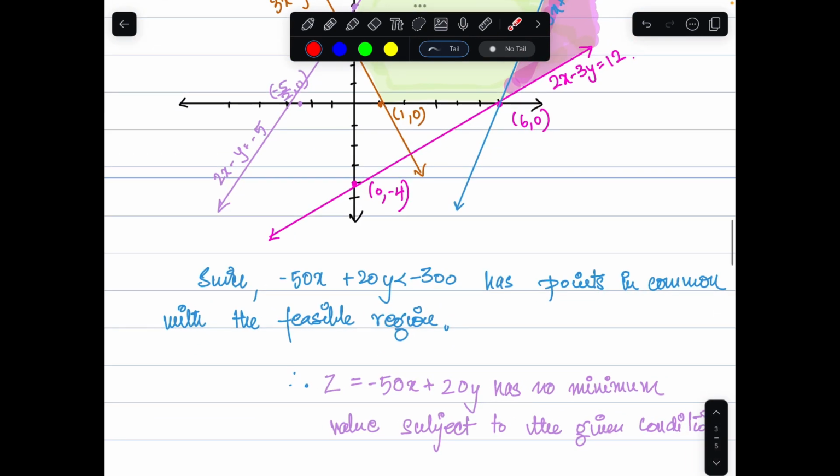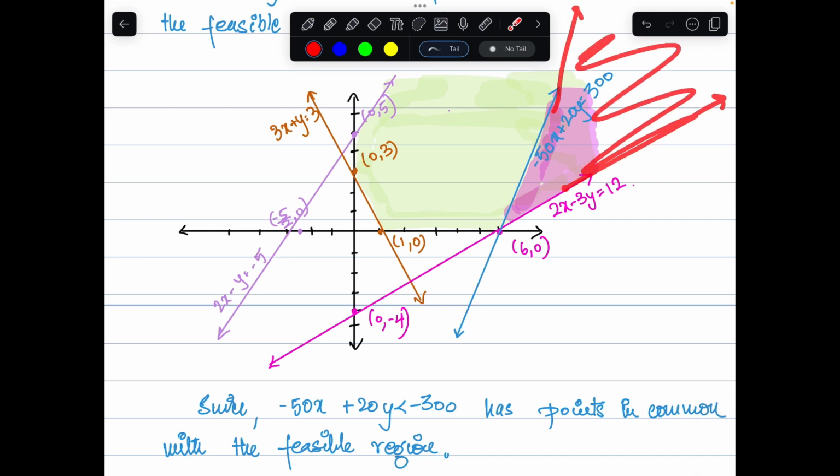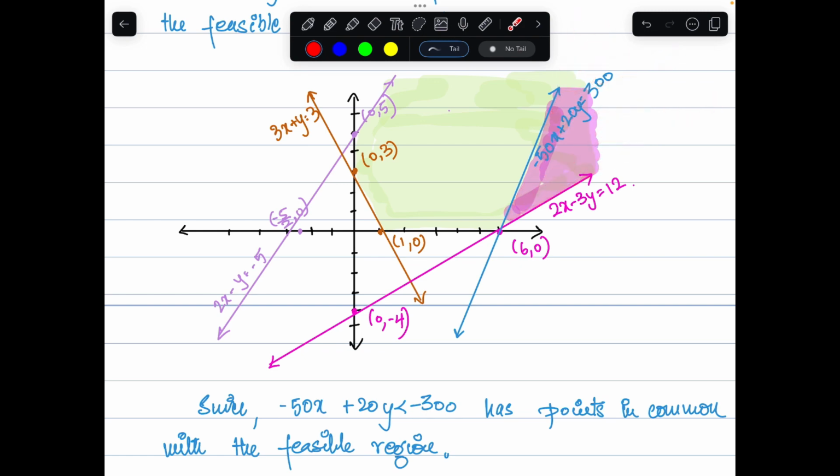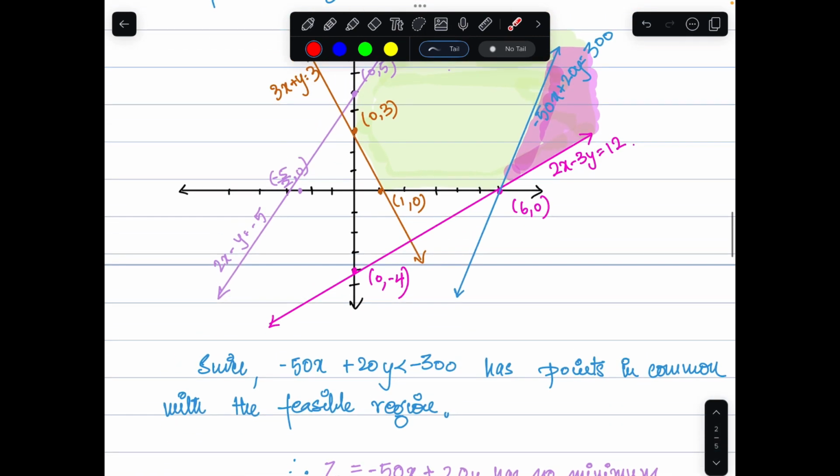That means the minimum does not exist. It's an unbounded region. See, this keeps on going, this also keeps on going. You will have infinite points for which the objective function is less than minus 300, and we don't know for exactly what values of x and y.